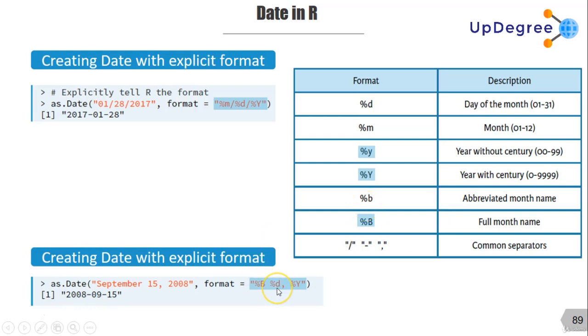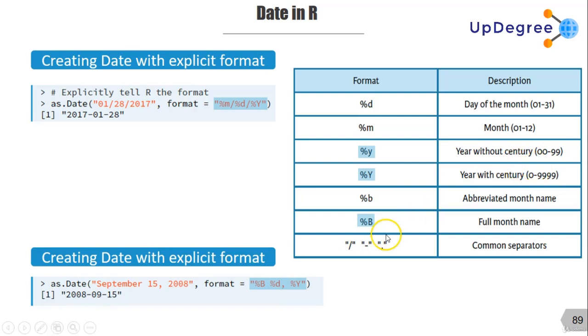Then second is small d, which is about your date, the day of month, which can be 01, 02, 03 up to 31. That is fine, and then you have to make it understand there is a comma and then ultimately the year. Now in year also there are two variants. One is it can be 99, which means 1999, and at other times you can say simply 02, which means 2002.